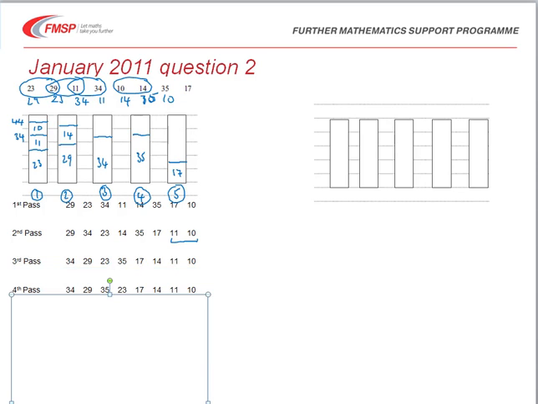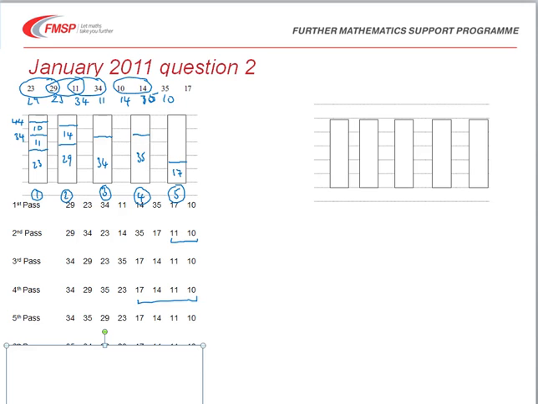Just move on a couple of passes and you'll see now at the end of the fourth pass we've got the 17, the 14, the 11 and the 10 are all in their correct order. We've still got some swapping to do, and so we keep on going in the same sort of fashion until the sixth pass.